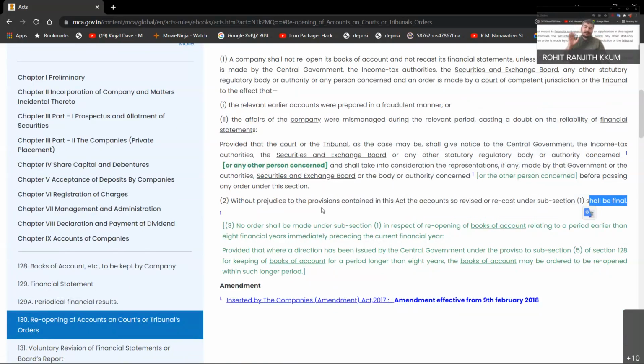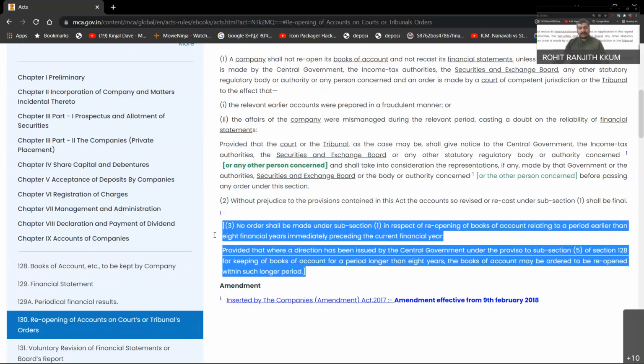That means if there is a question in the exam that the books of accounts and financial statements recast by applying section 130, can anyone later raise a challenge again? Look at the word I'm using here: again. The answer is no, you cannot do it again. So it is allowed once and that will be final. Okay.